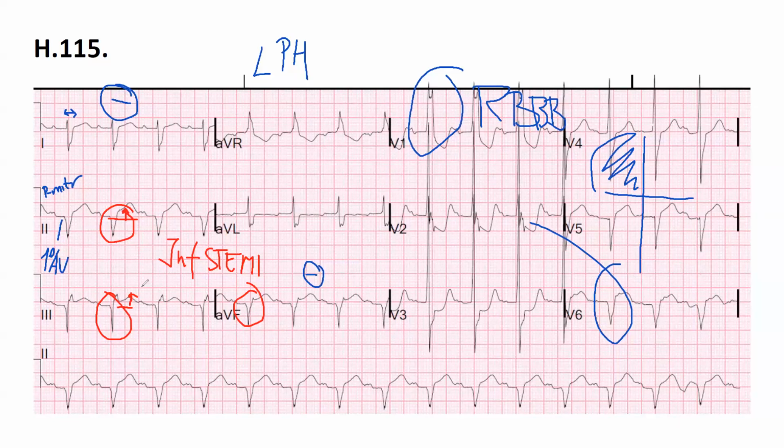And inferior could come together with posterior ST depression, see? And a very tall R wave, okay? If you are looking at this one, the initial R is very long. That can be a pathological Q wave on the back, or that can be right ventricular hypertrophy as well.